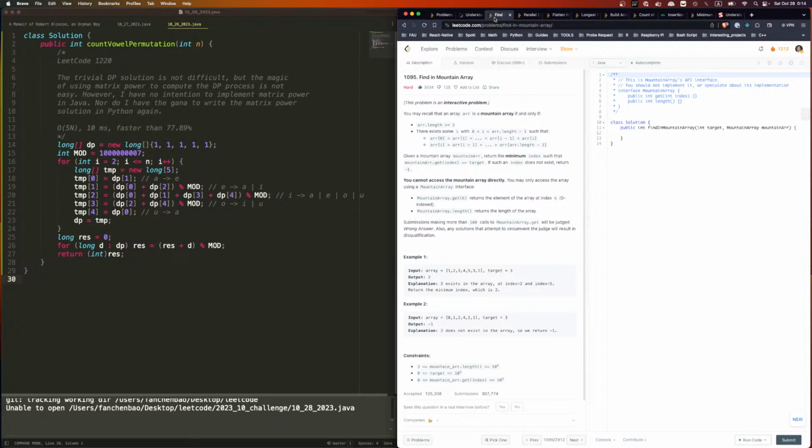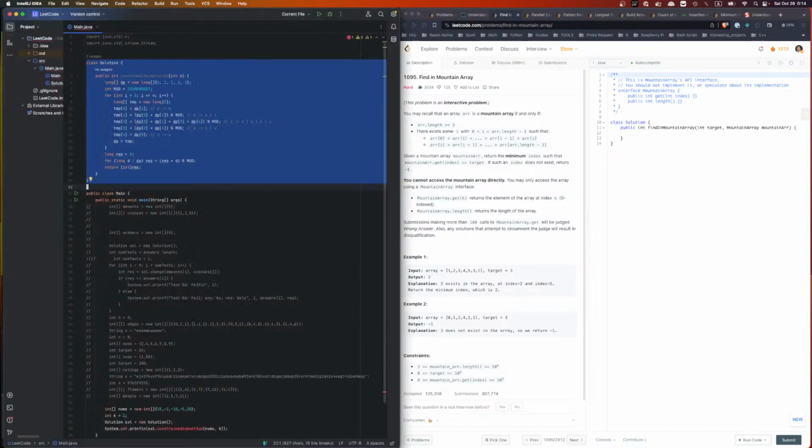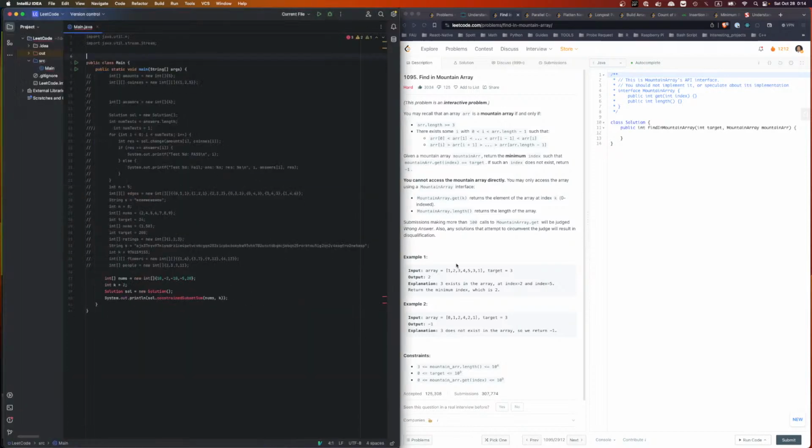All right, you want to try this one again? Yeah, why not? So I already know how to solve this. This is to find a mountain array, right? Given a value, find if it's in the mountain array, returning the minimum index such that it is equal to target.